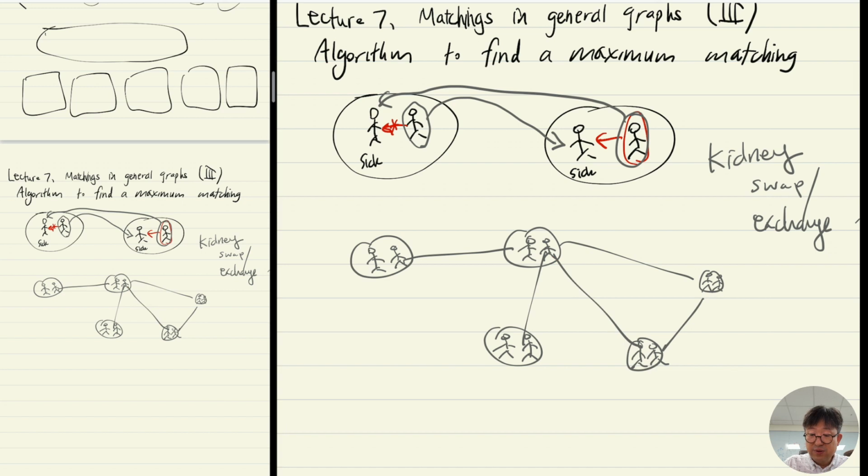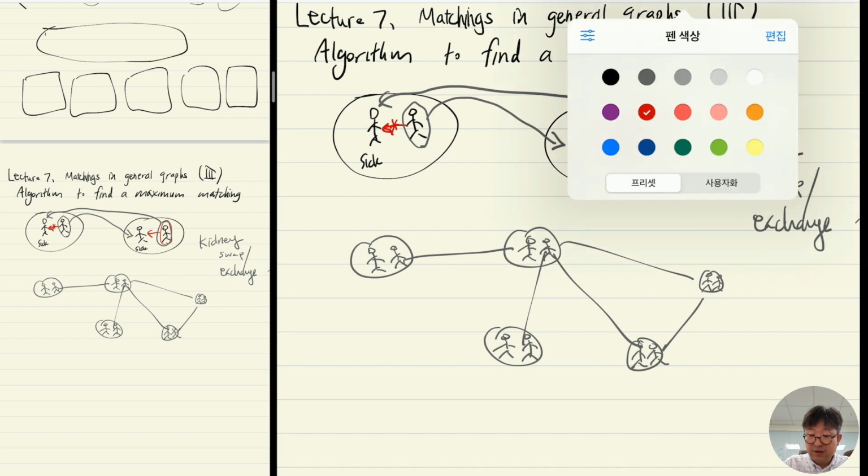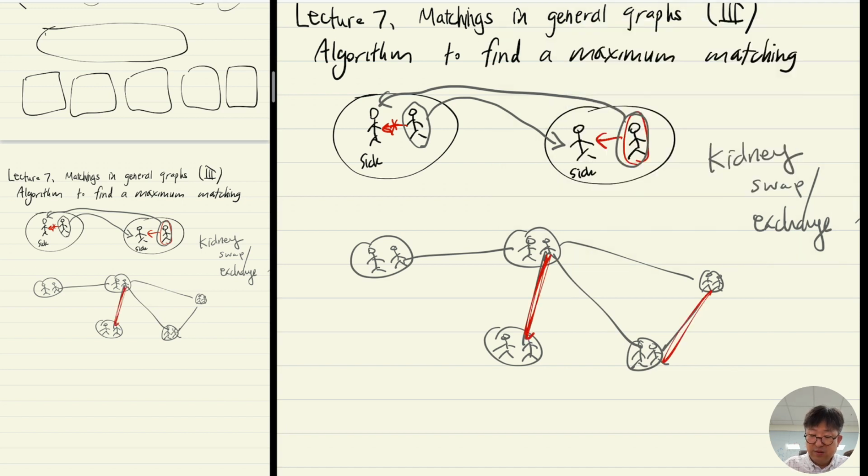Whereas if we do surgery over this pair, then you can save 4 patients, right? 4 people will get new kidneys, so they will have a much better life. So the objective is to maximize the number of pairs you choose. And this is exactly the graph theory problem that we are going to discuss.